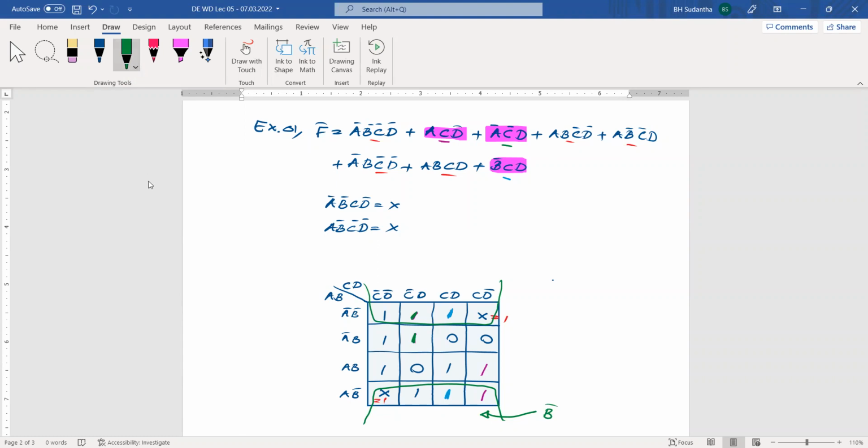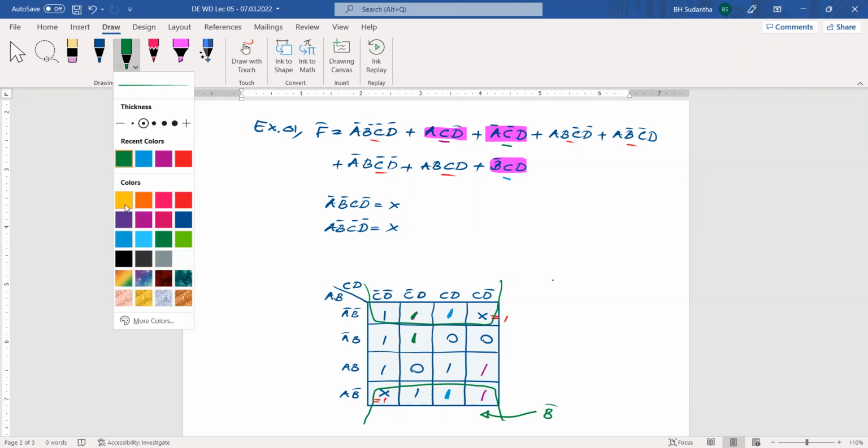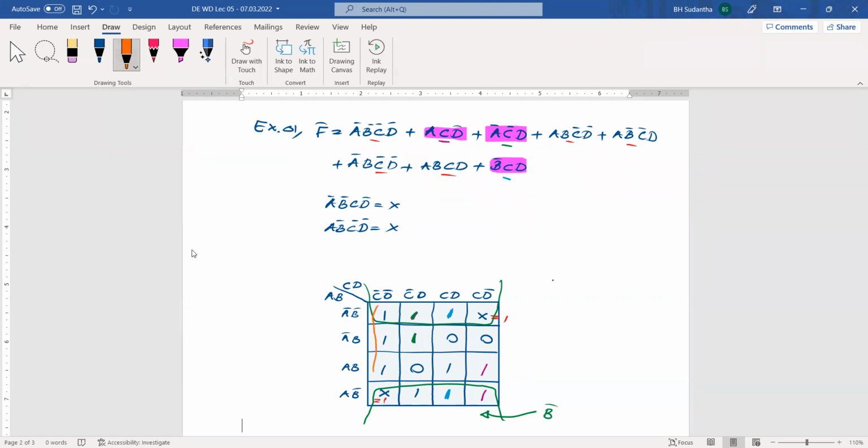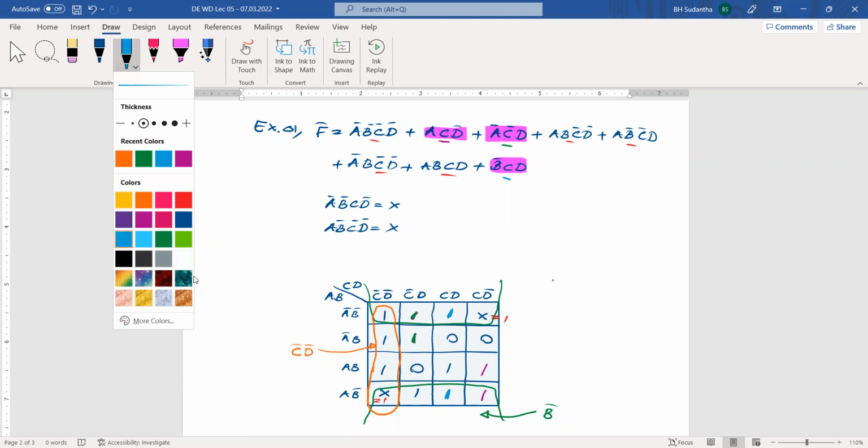Okay, then we can take this group. What is this? It's C bar, D bar. And we have to cover these three.